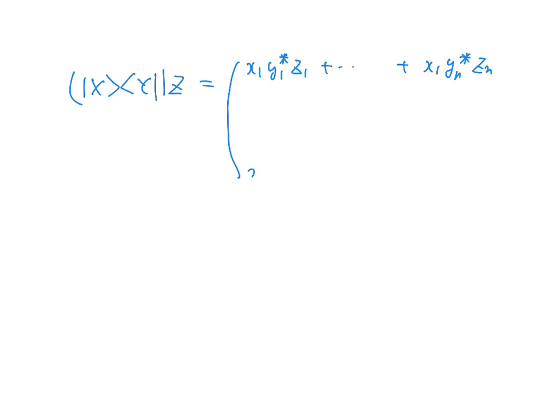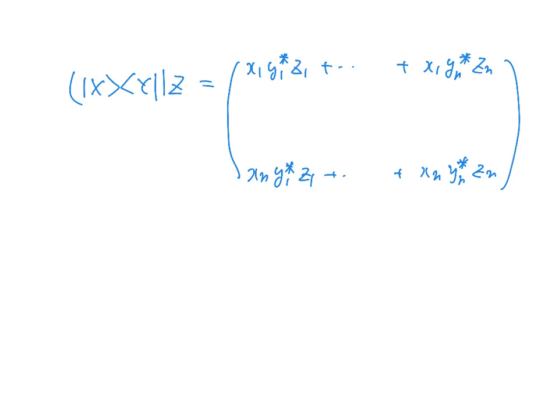So the outer product of x and y times z turns out to be, you remember that too, right? x1 y1 complex conjugate z1 plus x1 yn complex conjugate zn, xn y1 complex conjugate z1, xn yn complex conjugate zn.